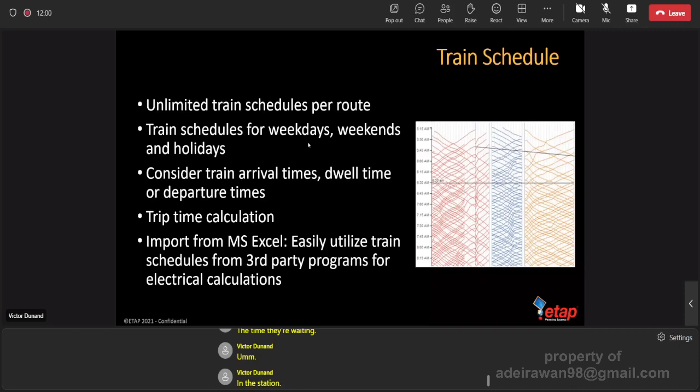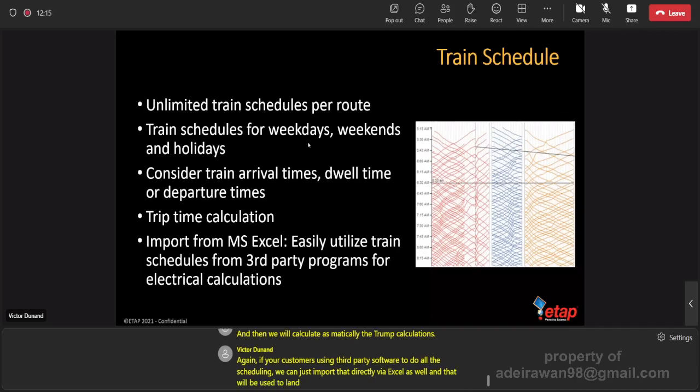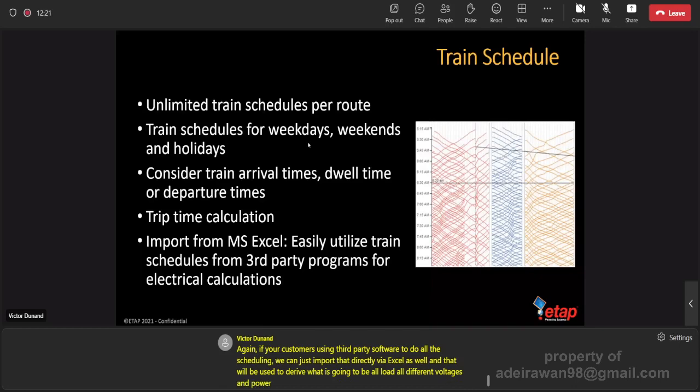And then we will automatically calculate the trip times. Again, if your customer is using third-party software to do all the scheduling, we can just import that directly via Excel as well. And that will then be used to derive our load, our different voltages, and power requirements on the network.